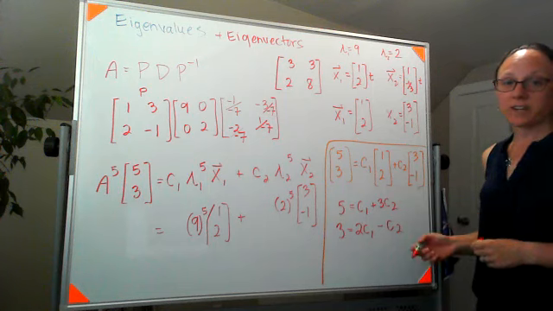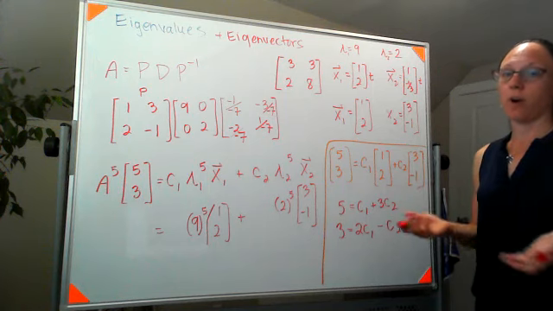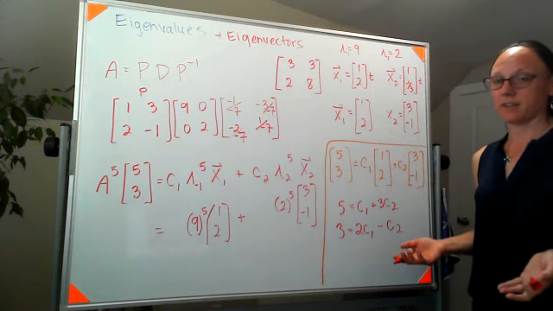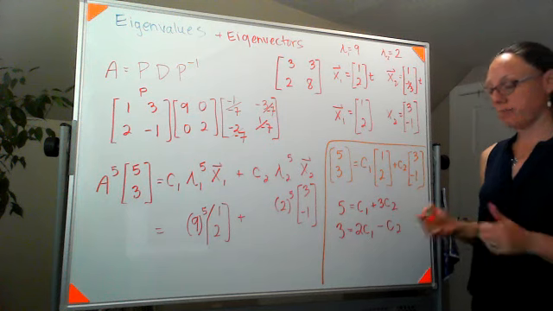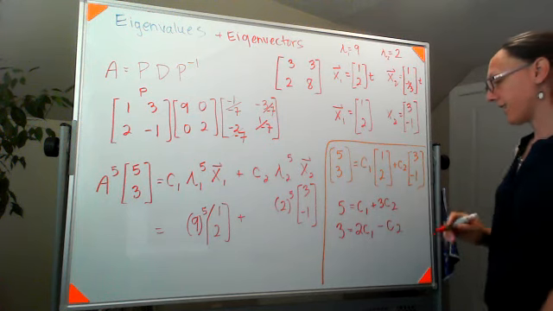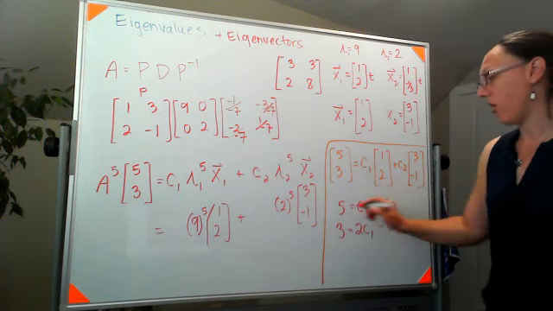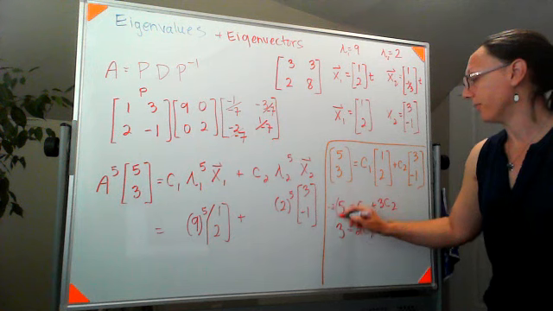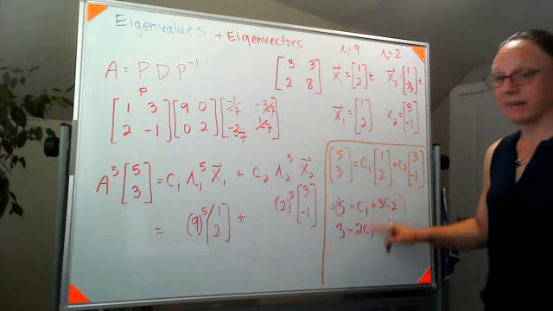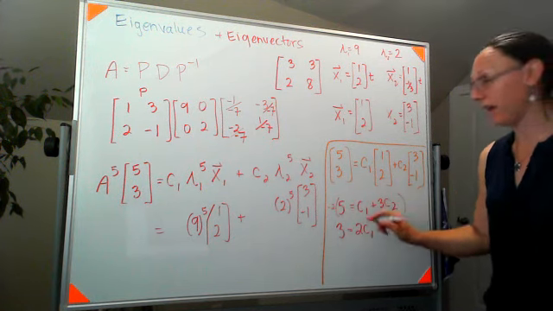So this is 2 equations and 2 unknowns. One of our methods for solving a system like this is to use elimination. So if I were to take that top row and multiply all of the terms by -2, it would make the C1 terms go away.